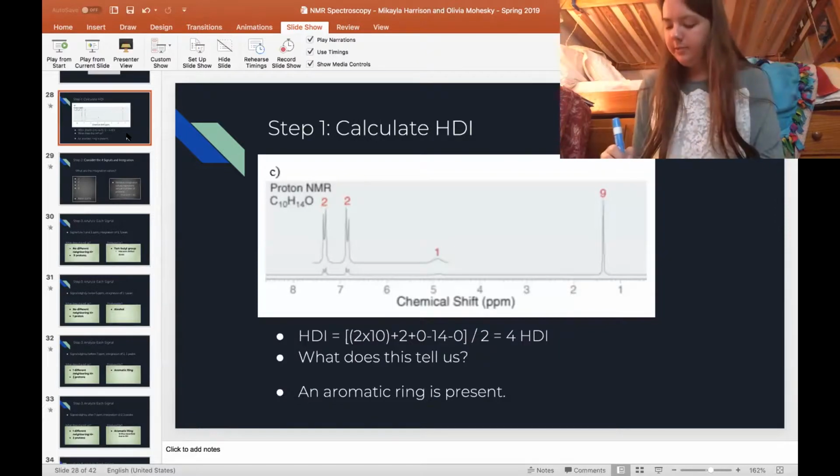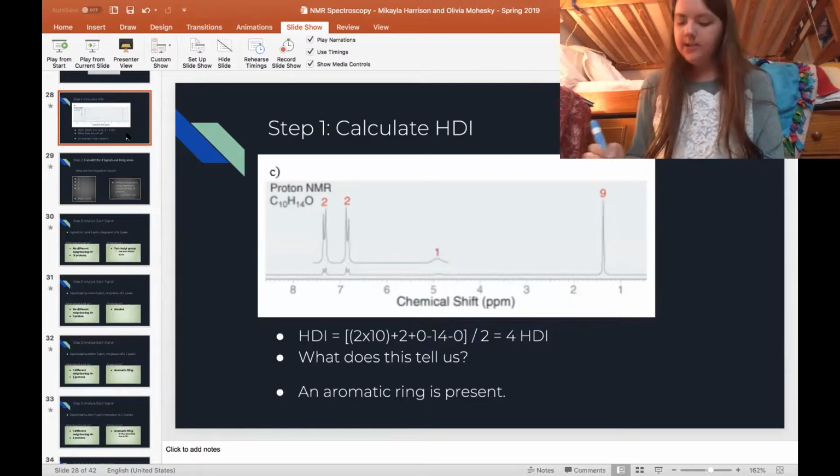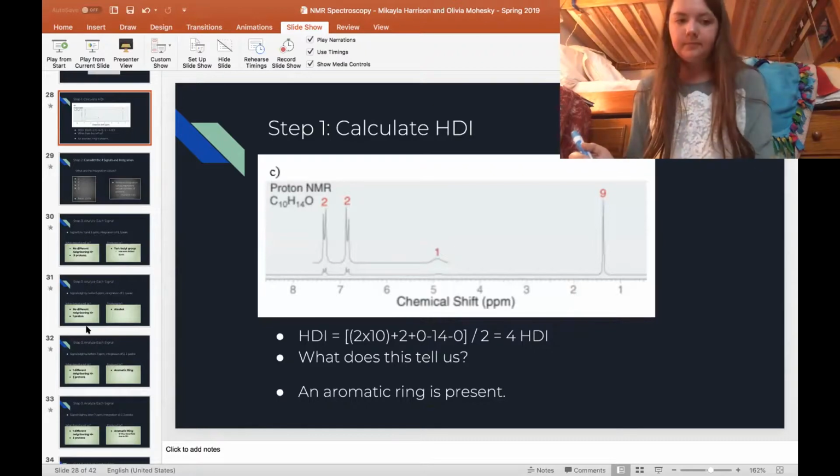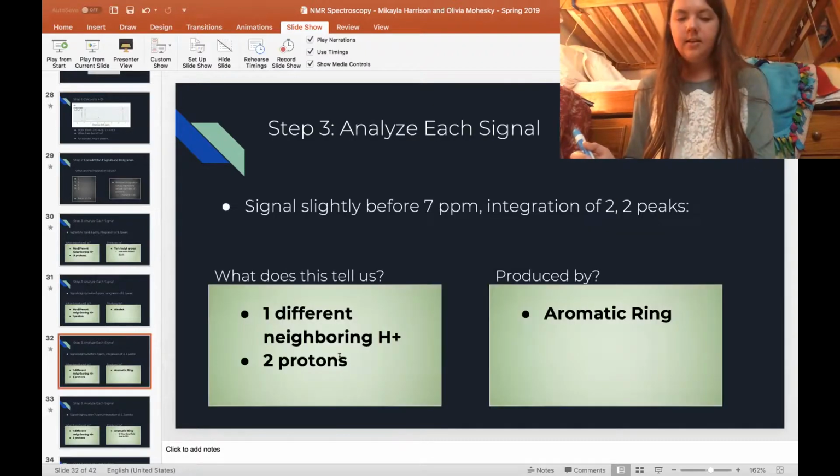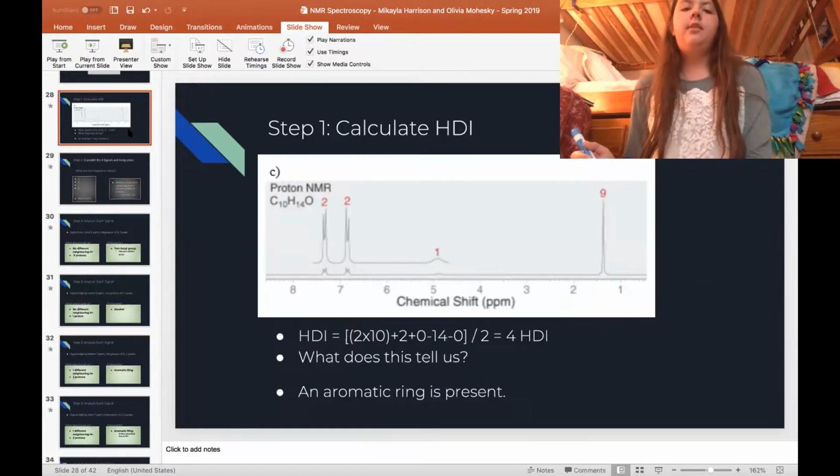Yeah, so it should be a doublet, and it also has 2 hydrogens. The doublet shows that there's 1 neighboring hydrogen, and it's also around a value of 7. So this could be part of the aromatic ring. Remember also that the aromatic ring could have multiple signals if the hydrogens are not equivalent.